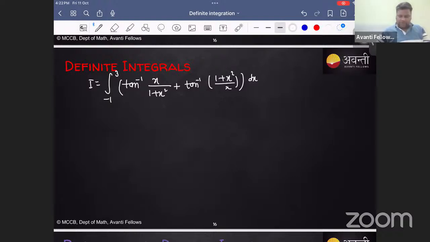Give it a try quickly. Options I give you are A 0, B pi, C 2 pi, and D is minus pi. Try it and mark your answer in the poll.